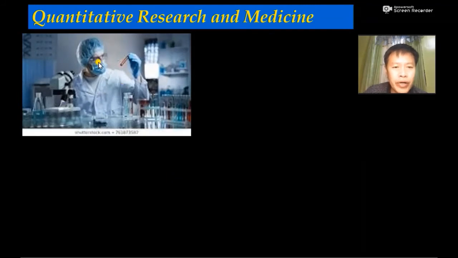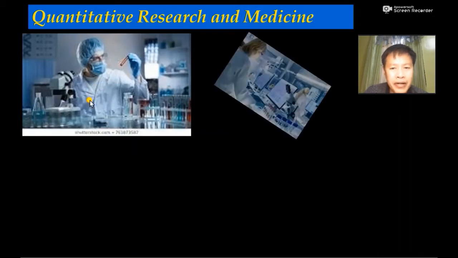The first picture is a medical specialist or a doctor who is discovering a certain medicine of a particular disease. And what he is doing is a part of quantitative research.